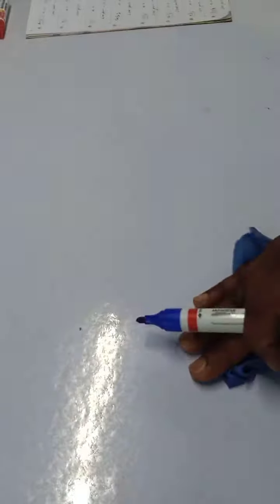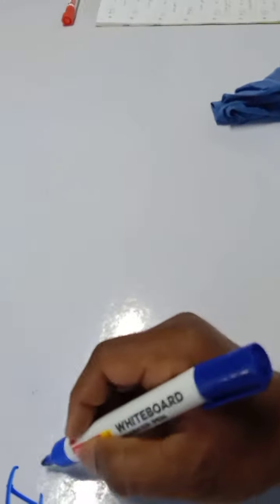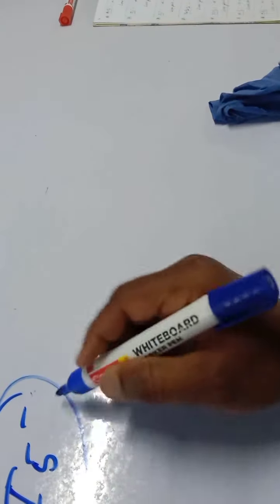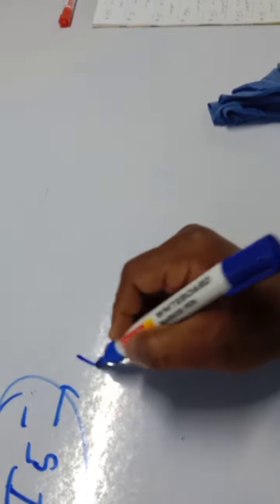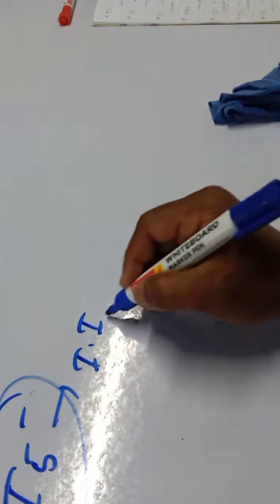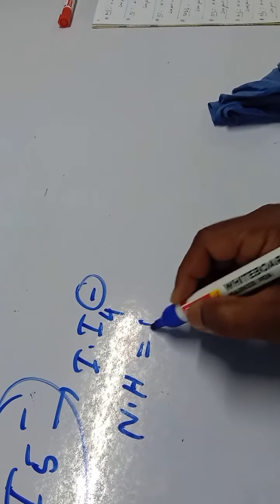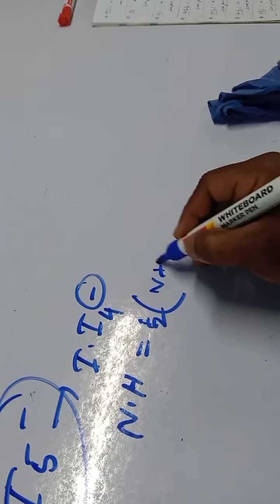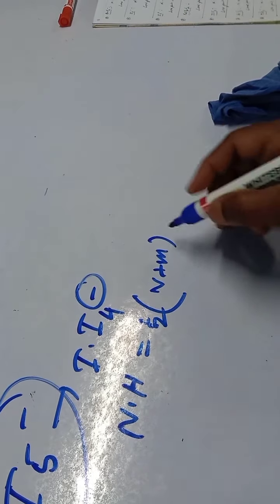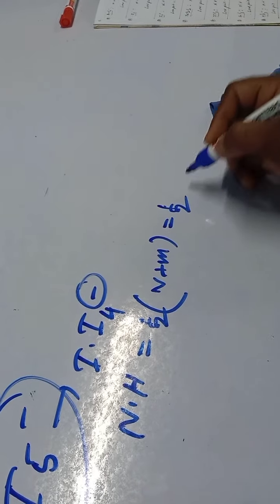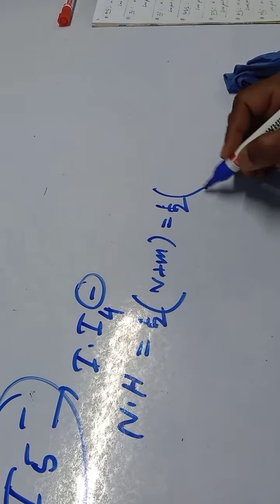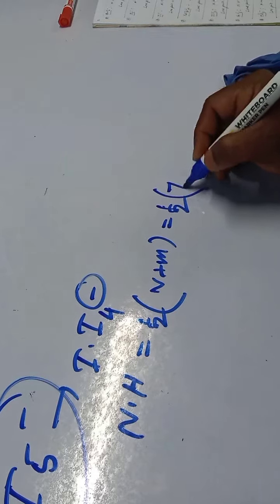Next part, I5 minus. You may write I, I4 minus. Okay, that is the NH equal to half V plus M. V plus M equal to half, where the valence electron is 7.